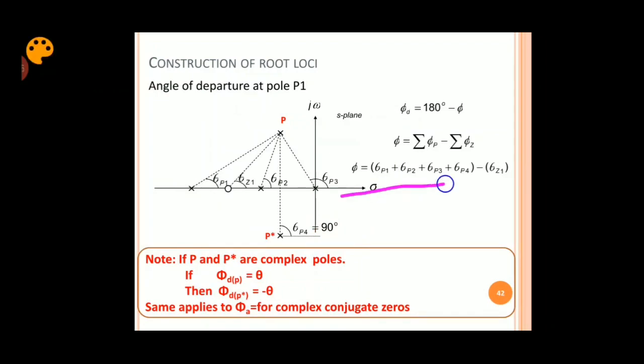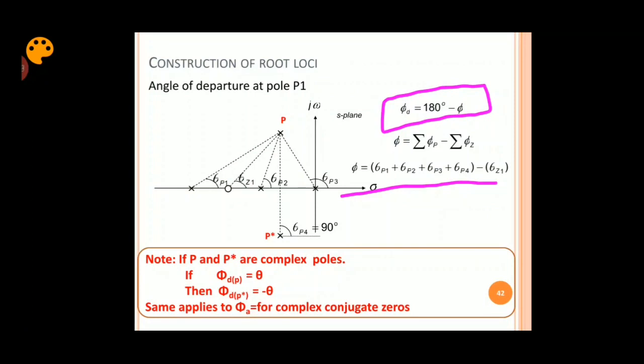First find phi, where summation phi p is the summation of all the angle contributions by other poles like theta P1, P2, P3 and P4, and summation phi z is the summation of all the angle contributions by other zeros. We have only one zero in this example, so it is theta Z1. So get the value of phi and substitute it back into 180 degrees minus phi to get the angle of departure.